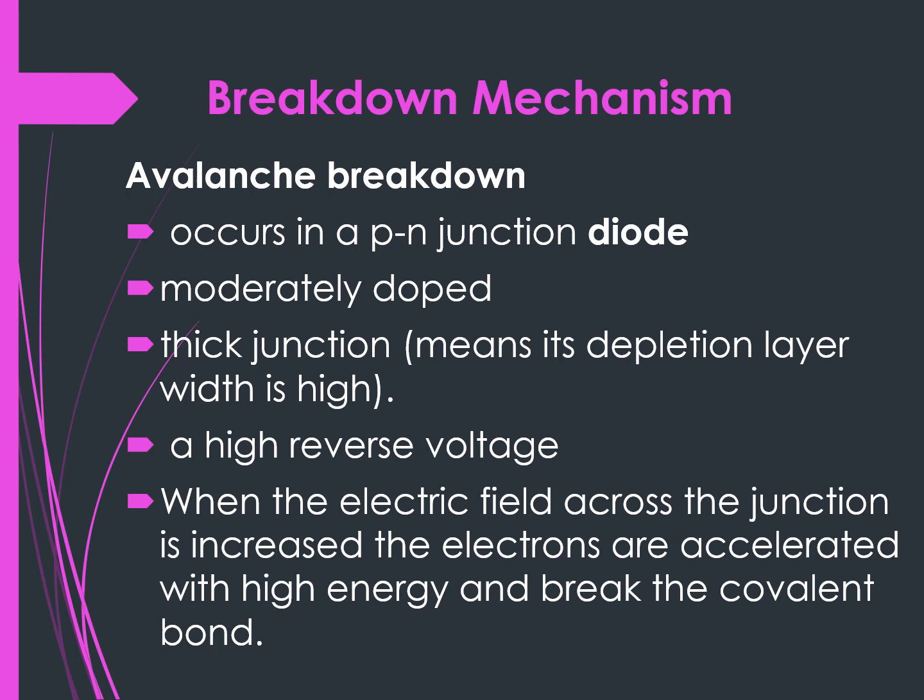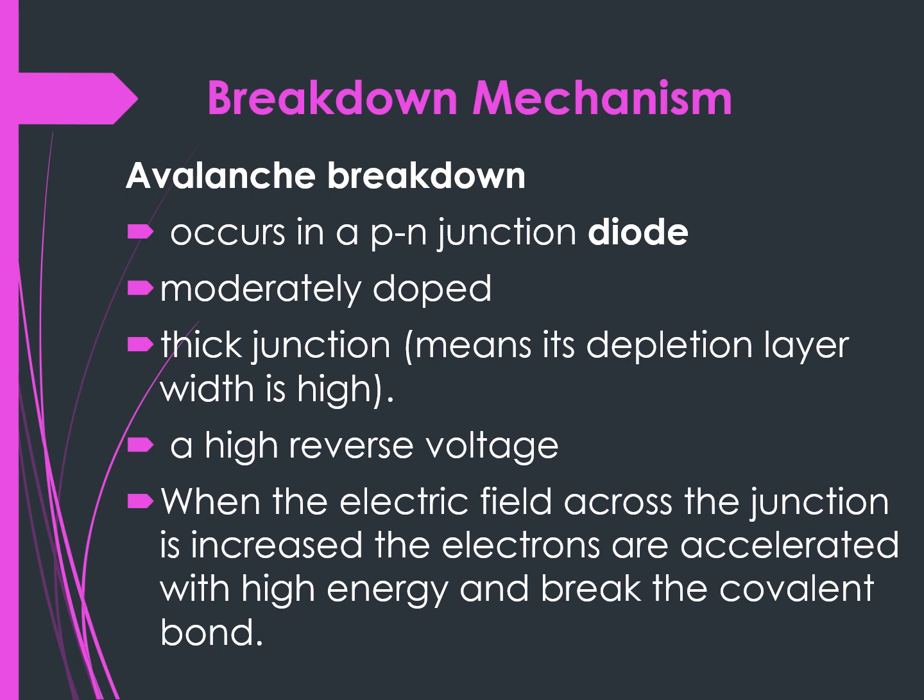Next, the electrons that are knocked out by the collisions form a reverse current. This mechanism is known as avalanche breakdown.